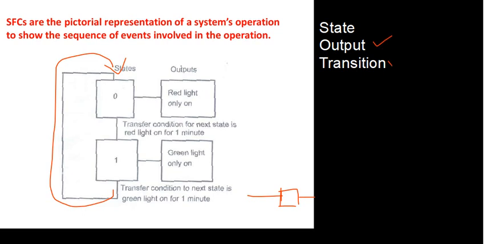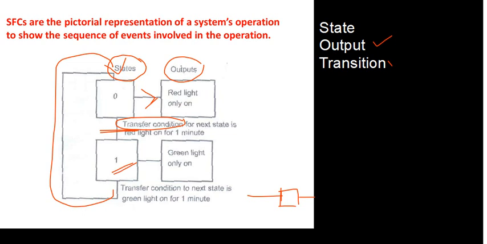Now if you look at this diagram, you have something called states here. Based on this state, you get some outputs. After this output takes place, there is the transfer condition. Based on the transfer condition, again you would come across one more state, then one more output, one more transition.